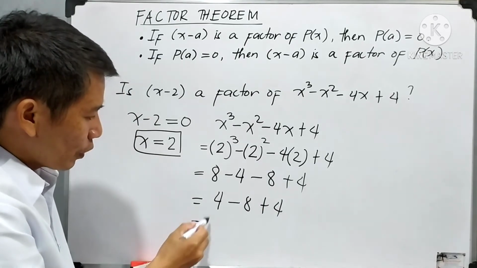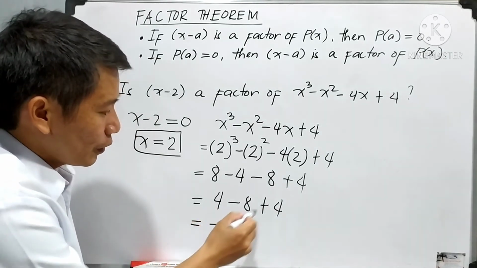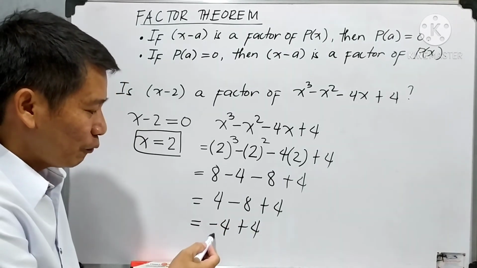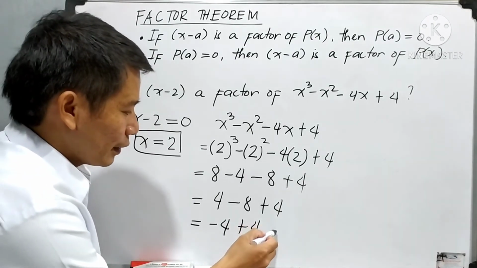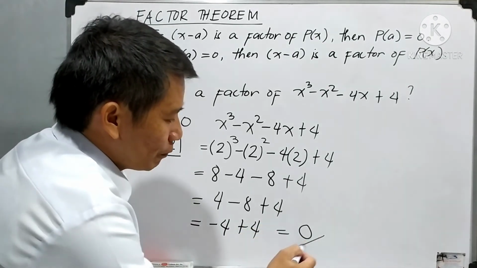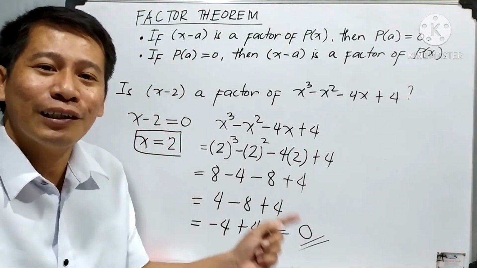Let's continue. 4 minus 8, that is negative 4, plus 4. And finally, what is negative 4 plus 4? The answer is 0. Observe that the remainder is 0.